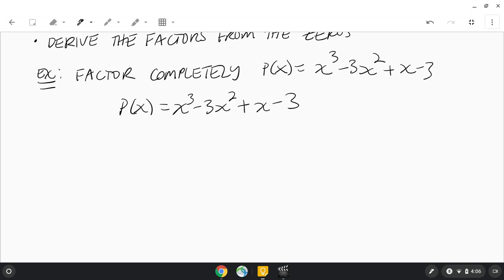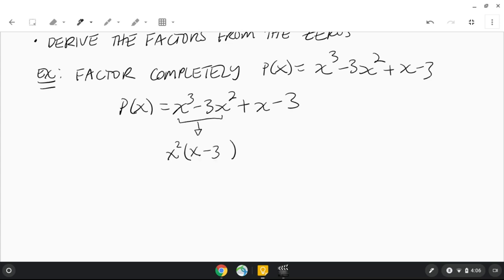Okay, so hopefully you looked at this polynomial and you said, oh, okay, well, I can group these two together and do greatest common factor here. Between these two, I can factor out x squared, and I would be left with x minus 3. So this is factoring by grouping. I group the first two terms together and I factor out the common factor.